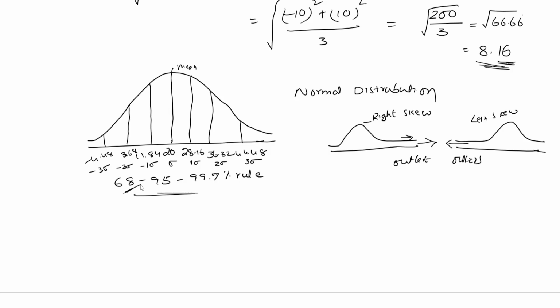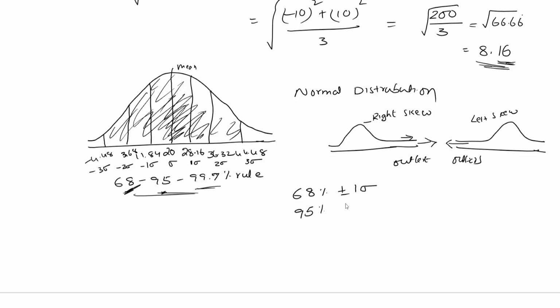What this says is 68% of your data points you will find within ±1 standard deviation, 95% of the data within ±2 standard deviations, and 99.7% of the data will be within ±3 standard deviations.